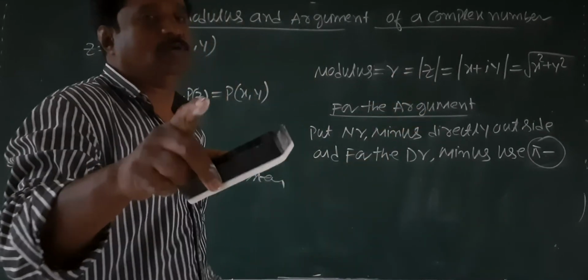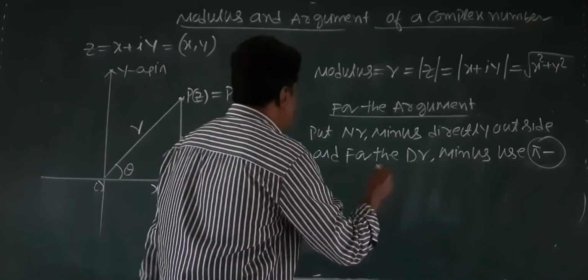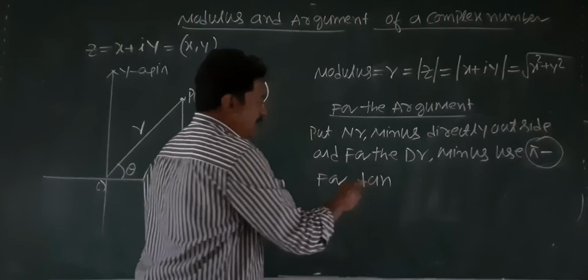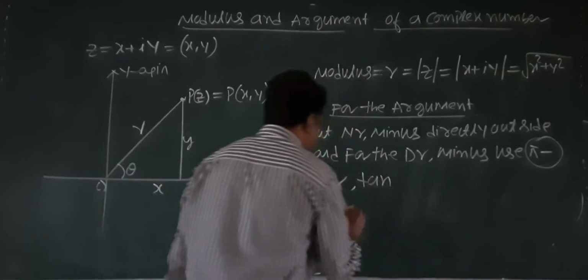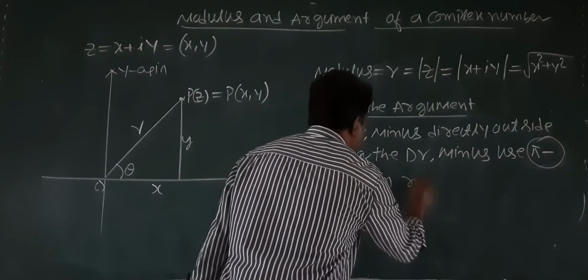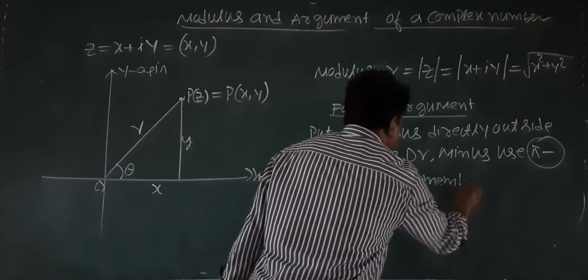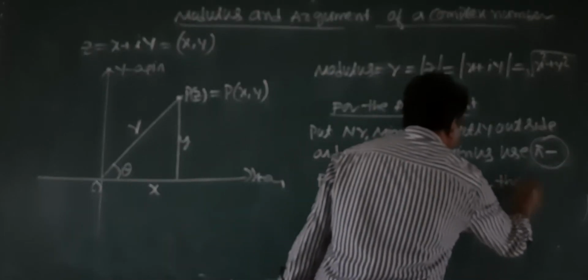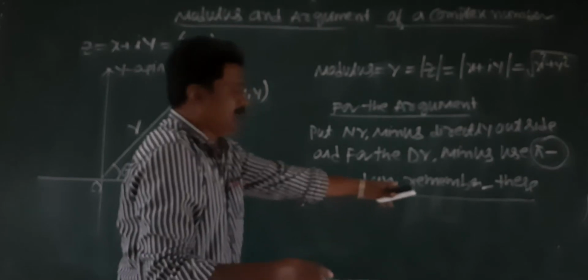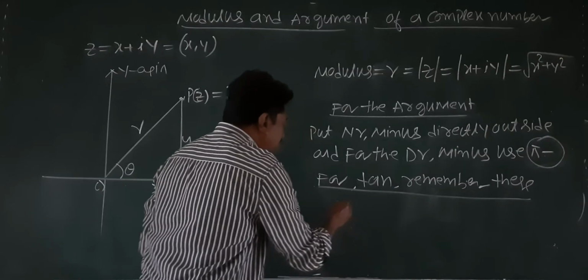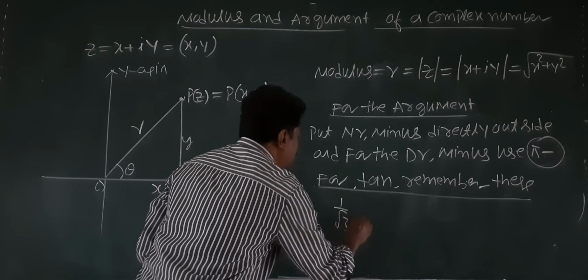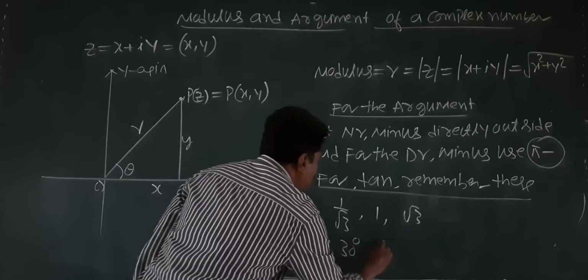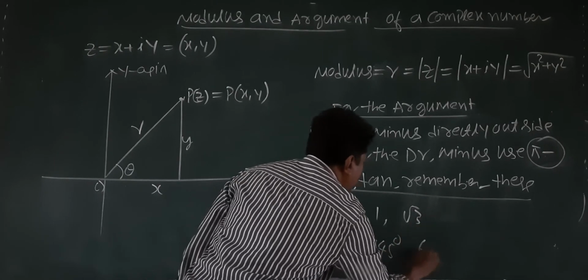I am going to give some examples. Look at this. For tan, you remember these numbers. For tan theta, remember 1 by root 3, 1, root 3. 1 by root 3 means 30 degrees, 1 means 45 degrees, root 3 means 60 degrees.